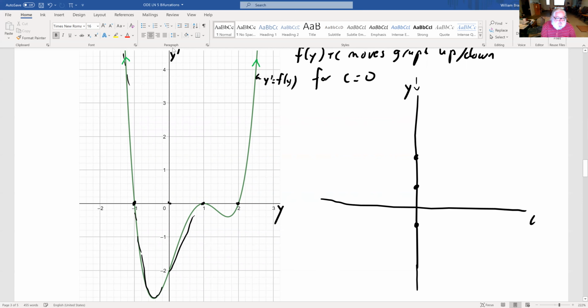So this is the graph of y prime. It's less than 0, below the y-axis, if we're between plus 1 and minus 1. So negative there. If we're between 1 and 2, we're still negative. If y is bigger than 2, we have a positive y prime. And if y is less than minus 1, we still have a positive. So there's the phase line for c equals 0. That's this graph. If I make c positive, what does that do to this graph? It's going to bring it up.